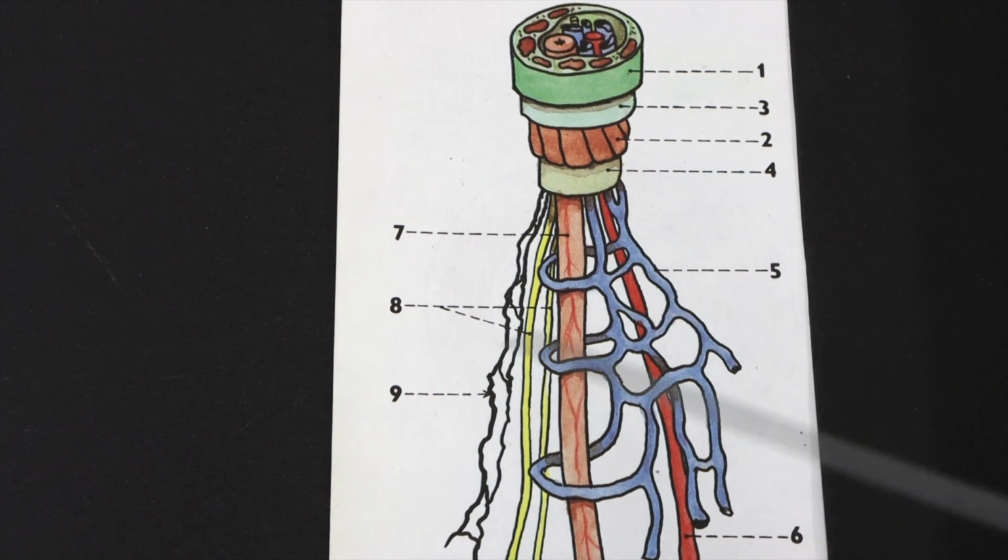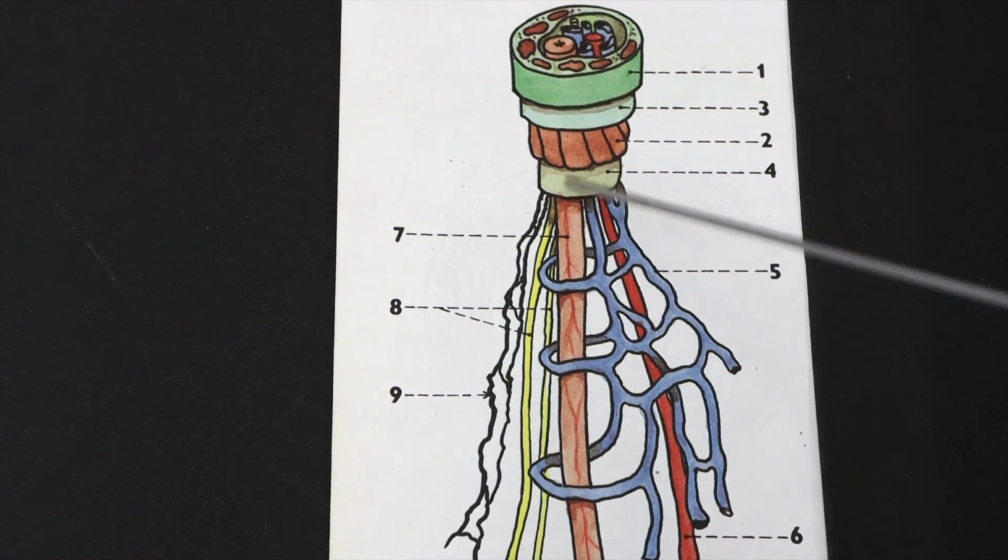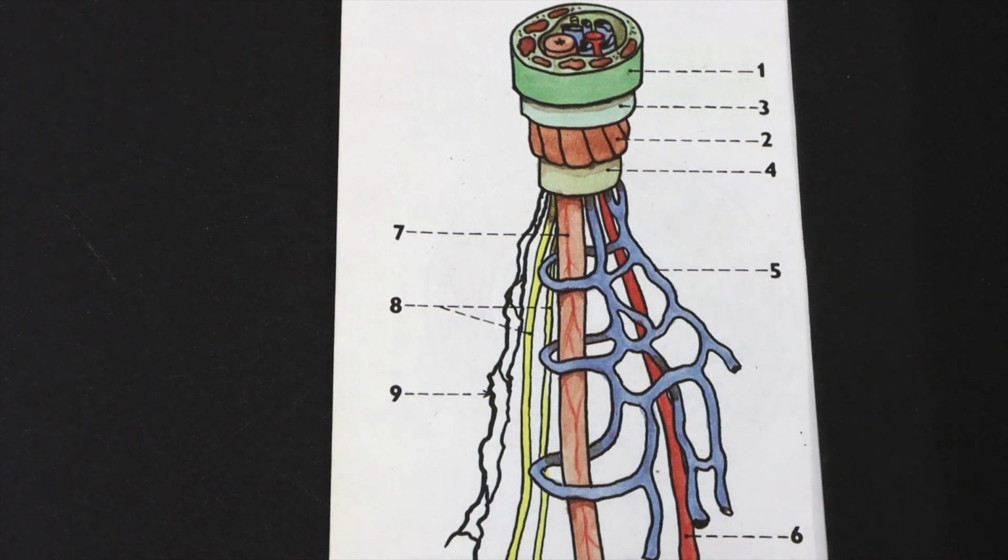Then the content of the spermatic cord: the ductus deferens, the artery of the ductus deferens, and the plexus deferentialis, or the nerve plexus passing parallel with the artery of the ductus deferens; the testicular artery and the testicular nerve plexus, which is sympathetic, parallel with the testicular artery; the pampiniform plexus, the venous plexus that we already mentioned; and the lymphatic vessels.